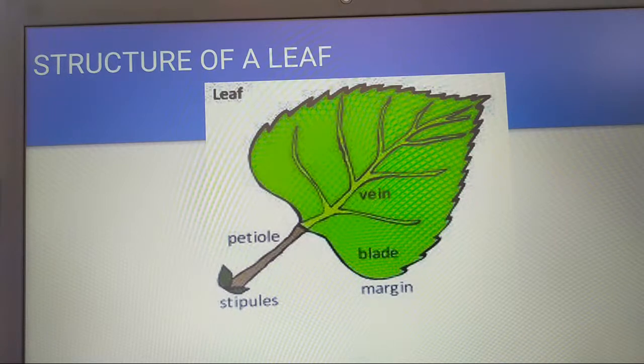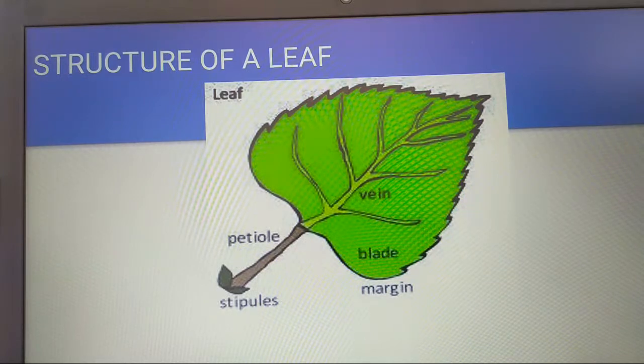The leaf blade is attached to the stem of the plant through a tiny stalk. As here in the module, you don't find it attached to the plant, only the stalk is visible, shown in brown color.